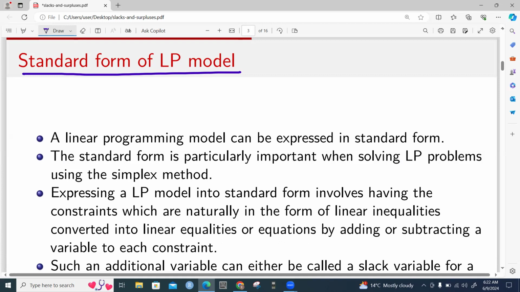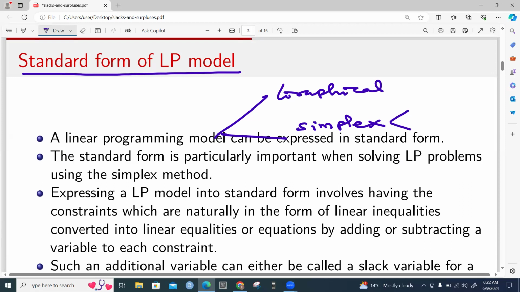Now, one thing to mention is that there are various ways of solving linear programming problems, but what we have discussed so far is the graphical technique. The other techniques in the literature include the simplex method. When you get deeper into the simplex technique, you realize that one of the preliminary stages is to convert the formulated linear programming problem into standard form before you can proceed.